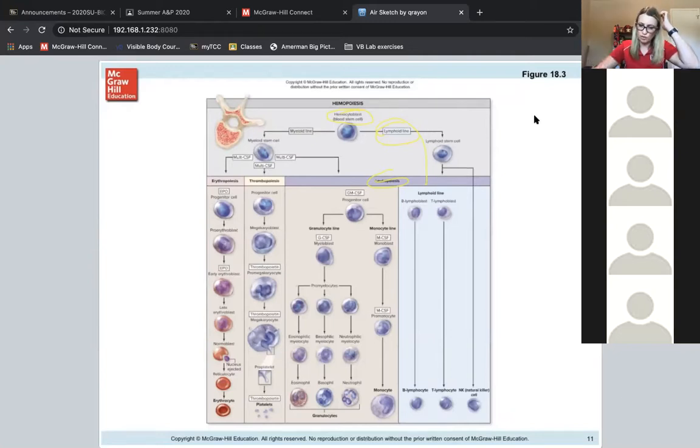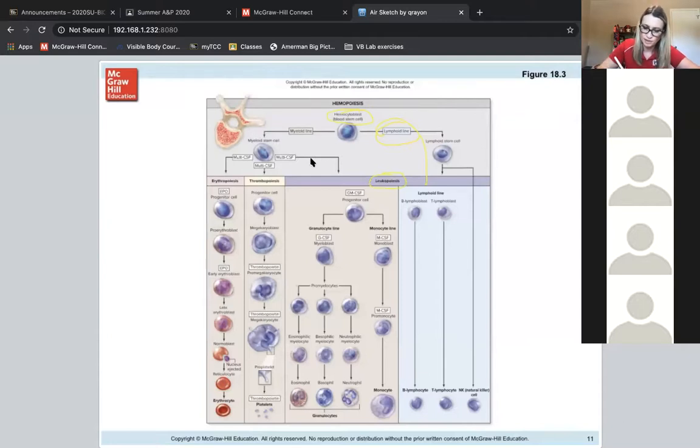All right, so the lymphoid line can only go into the process of leukopoiesis. No other process is possible from the lymphoid line. It will only go through leukopoiesis, and it's this process right here.